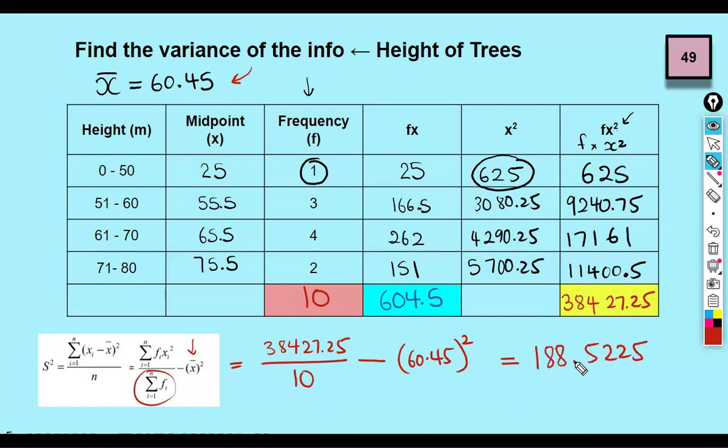We can round this off to 2 decimal places, and the answer would be in meters squared, because it's the variance. Let me know if you're getting something very close to that. Remember, we just found the variance. If they ask you to find the standard deviation, you just have to square root the variance. Whatever you get would be the standard deviation.